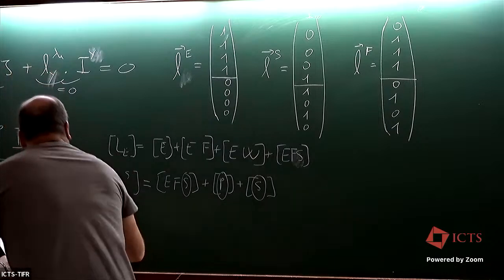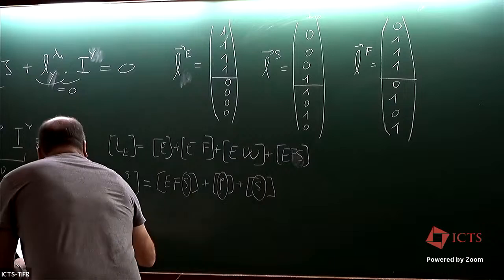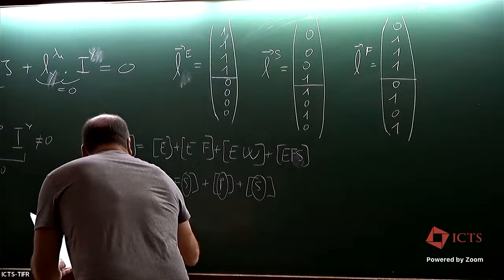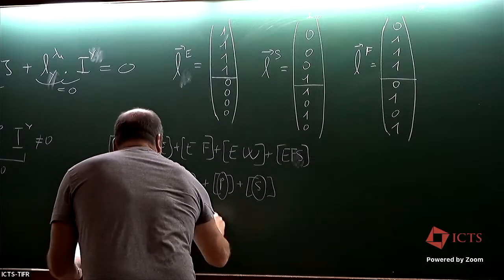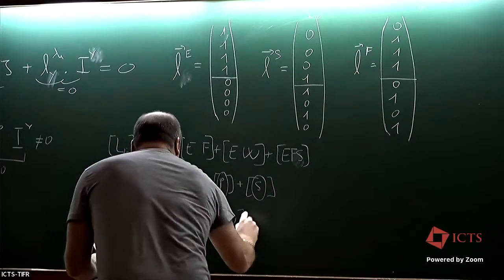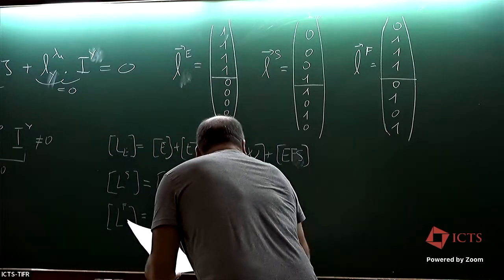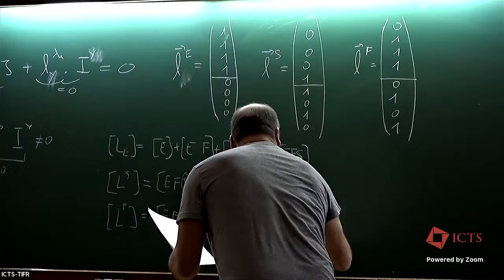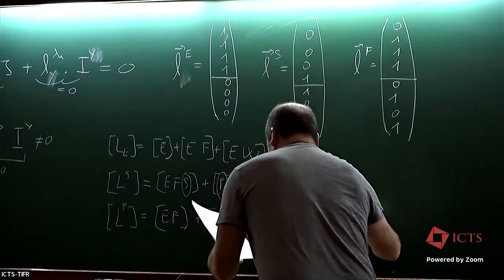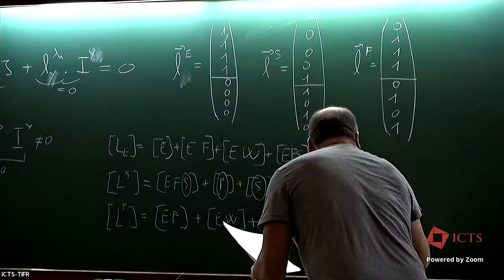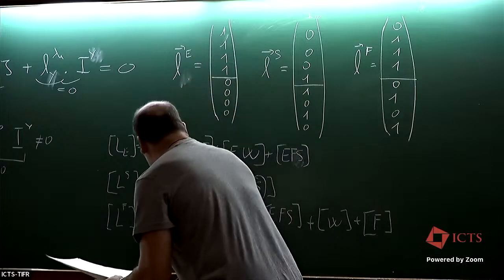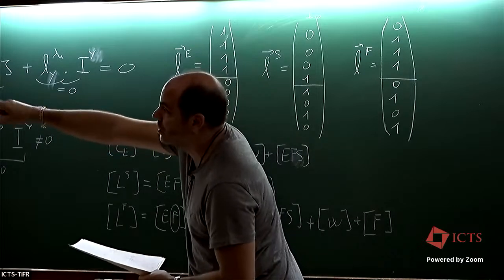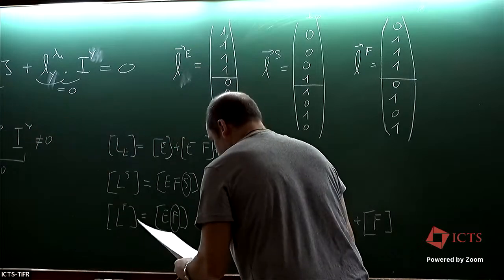And let me quickly write the last one. LF. This one is longer because it has many. So EF plus EW plus EFS plus W plus F. And here, please check. So F converts into W. It's the same molecule if you think of it in terms of conservation.